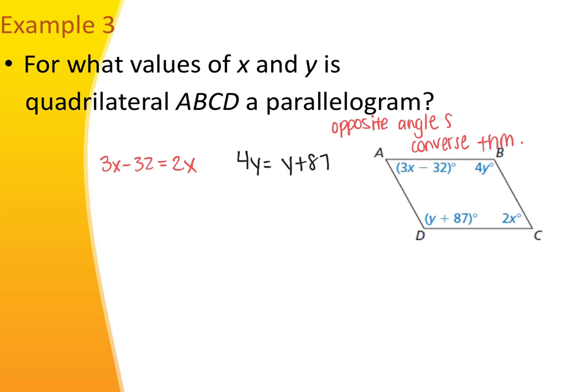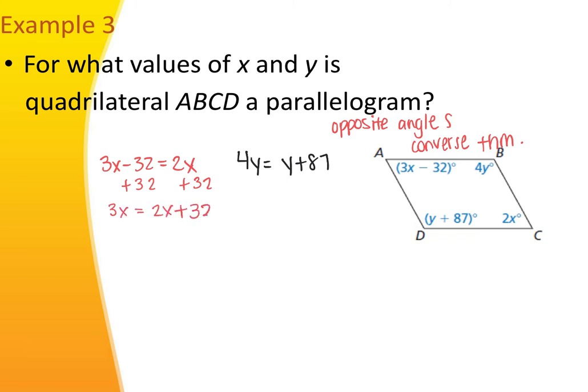All right, someone walk me through solving the red one. Giselle, go for it. So first you have to add 32 to both sides. Okay. So after you add 32 to both sides, then you have 3x equals 2x plus 32.